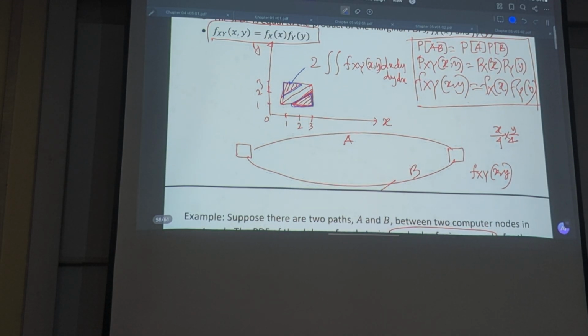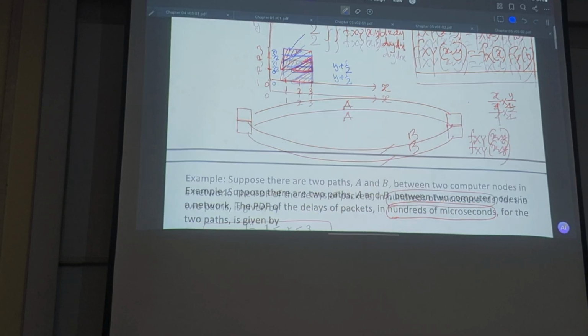So for this part, the lower one, y goes from 0 to what? 2.5, right? And then x goes from 1.5 to 3. Okay, this is one.